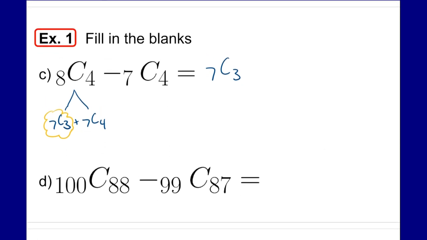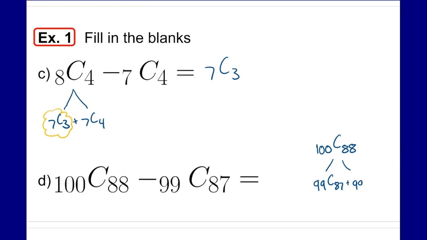The next one, 100 choose 88 minus 99 choose 87, is again a similar concept. So 100 choose 88 is below 99 choose 87, or row 99, position 87. 100 choose 88 can actually be broken down into 99 choose 87 plus 99 choose 88.